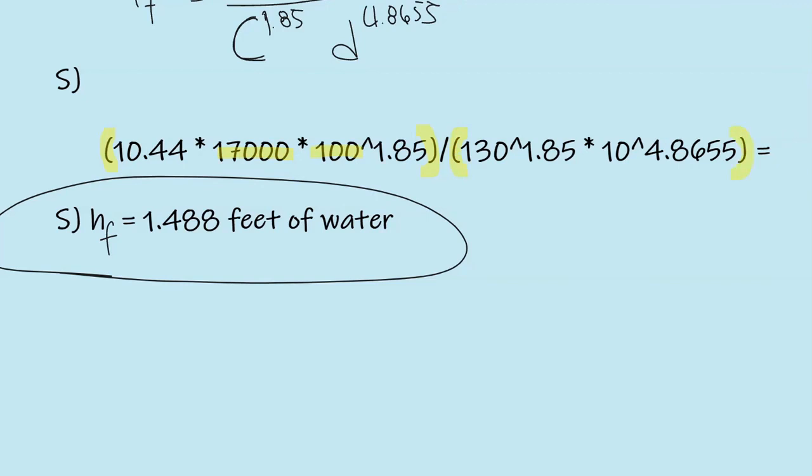We have 130 for our Hazen-Williams constant raised to 1.85 times the diameter of the pipe raised to 4.8655. When you plug all that into your calculator and hit enter, you're going to get this number here, 1.488 feet of water. And that's a whole lot of calculation for a pretty small number, but this is how you find the head loss due to friction.